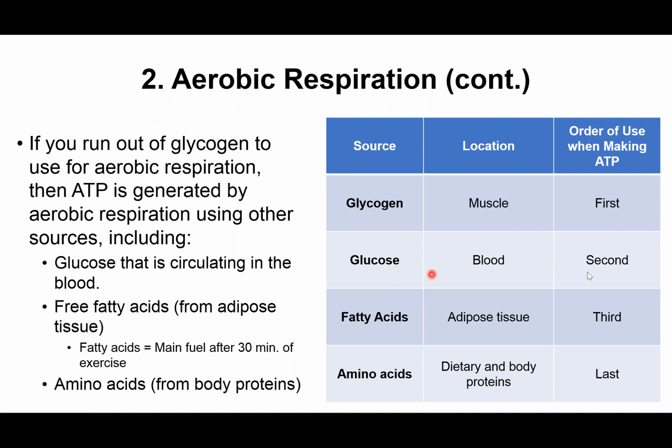So this will keep our respiratory muscles working and our cardiac muscles working and so on. If we run out of blood glucose to use, we can only take so much glucose from the blood before we have to have a certain amount of blood glucose. And so then what's going to happen is we're going to switch our energy source to fatty acids.